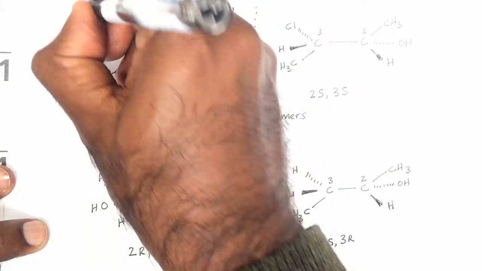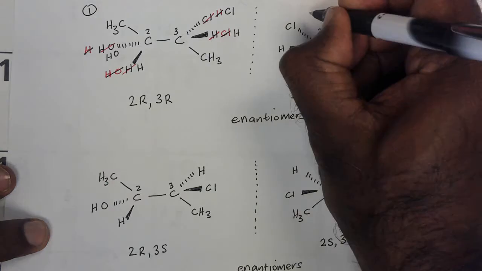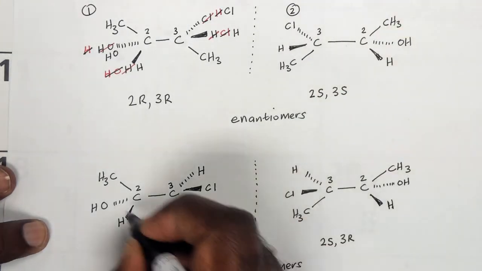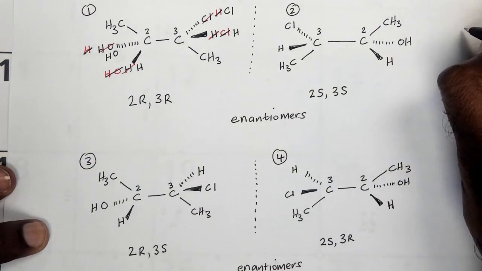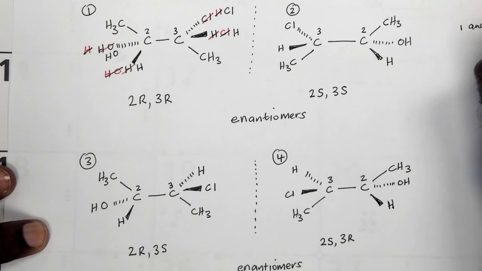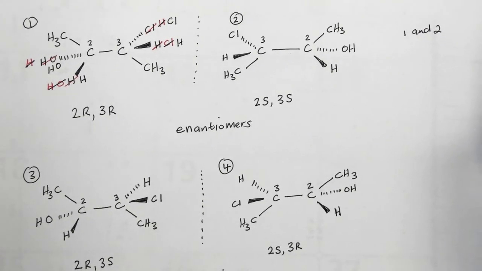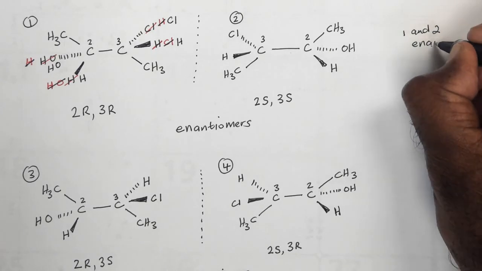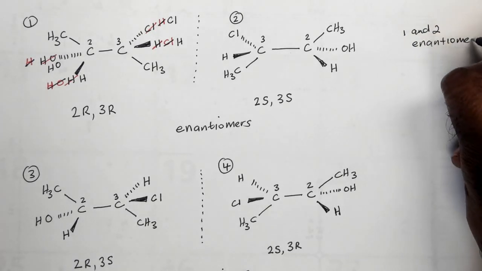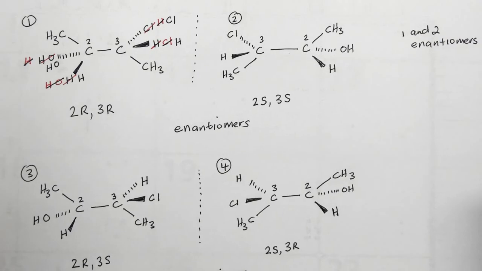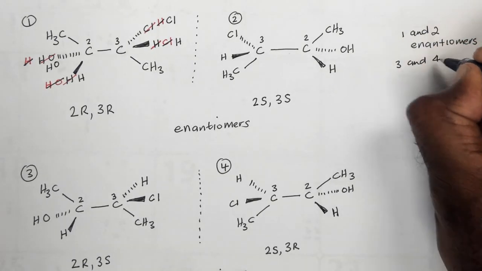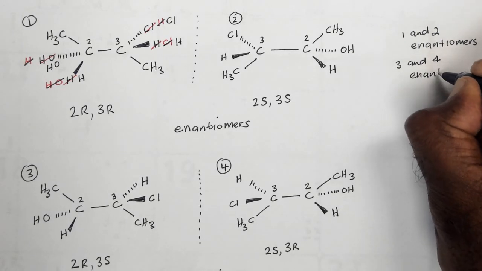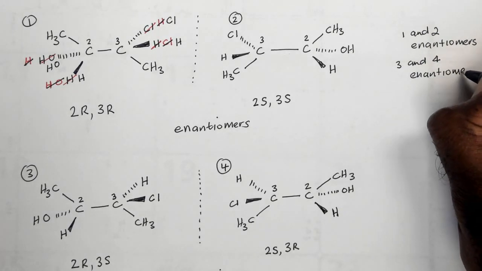So if I label them as 1, 2, 3, and 4, I can now say that 1 and 2 are enantiomers. I can also say that 3 and 4 are enantiomers.